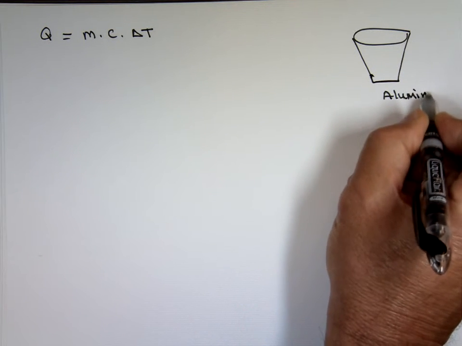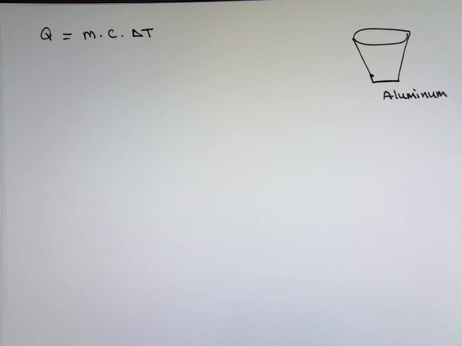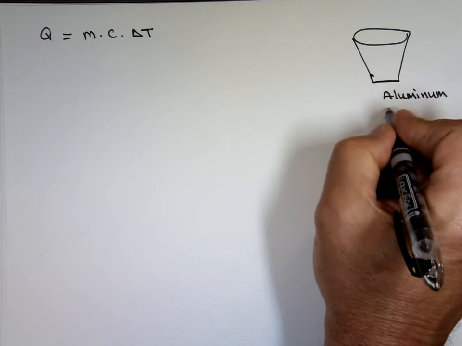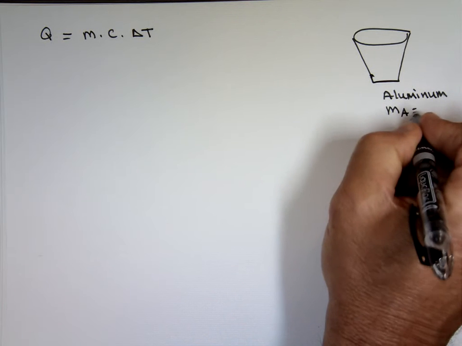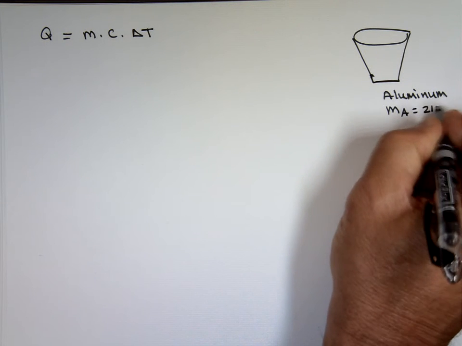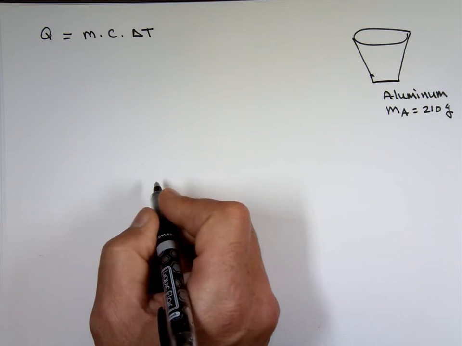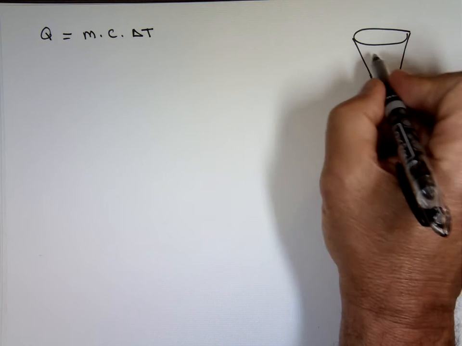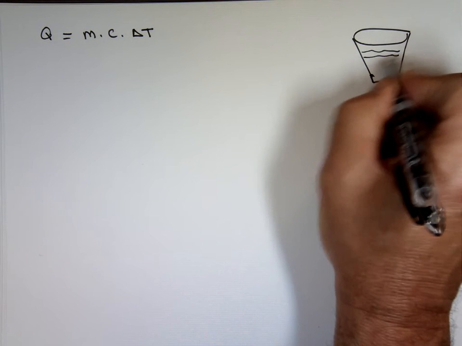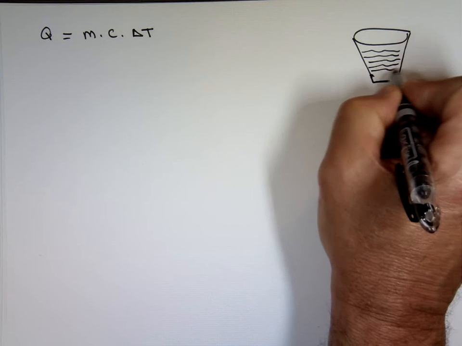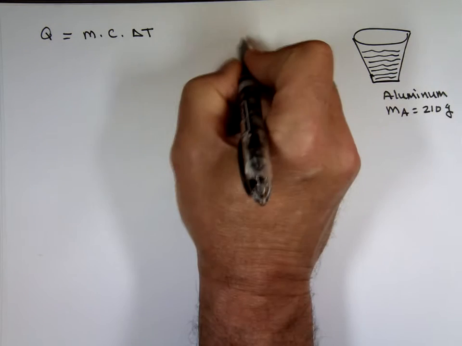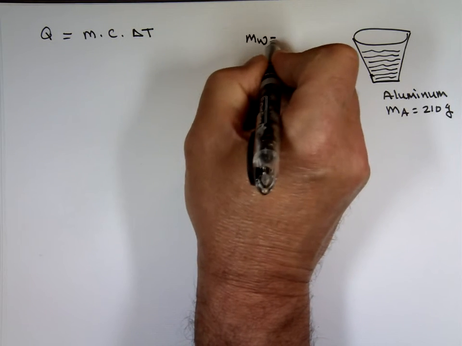We have an aluminum container. The mass of the aluminum container is 210 grams. It has water in it. There it goes, it's a cup here. The mass of the water equals 550 grams.